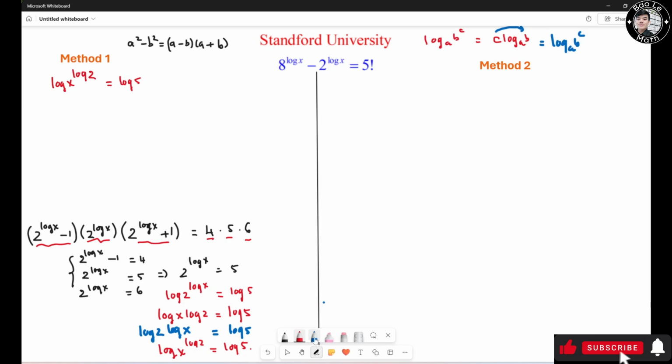Now I just equate both sides, right? So I have s to the log 2 equals 5. Now I need to take the log 2 root of both sides, right?